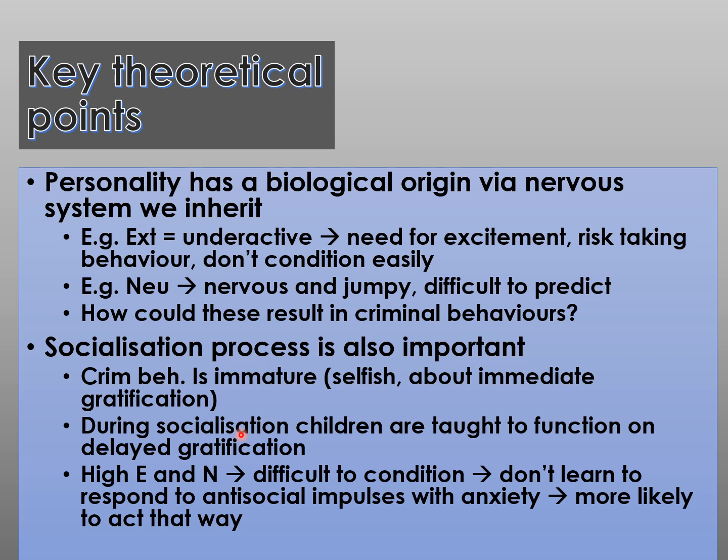Now, what that means is that if you're somebody who wants something right now, you can't wait, you are seeking it immediately. So he would say that is quite an immature behaviour, which is likely what we would see with a criminal.